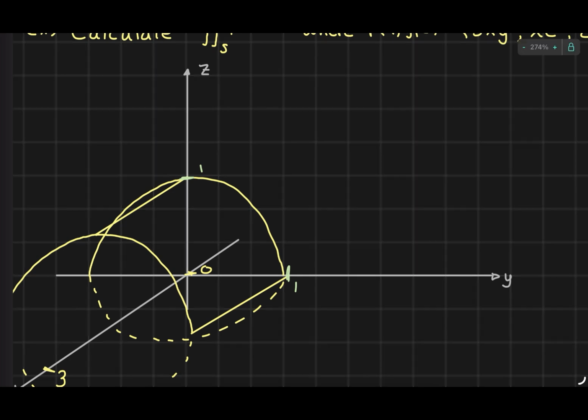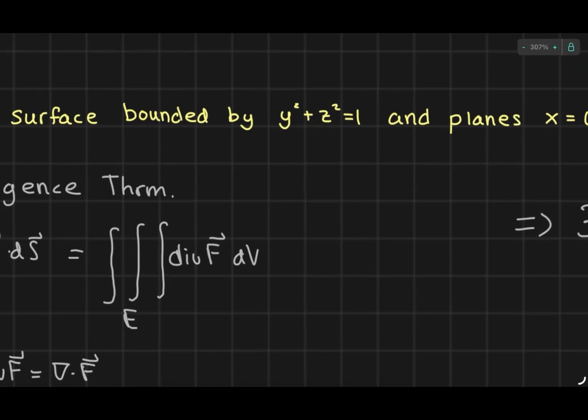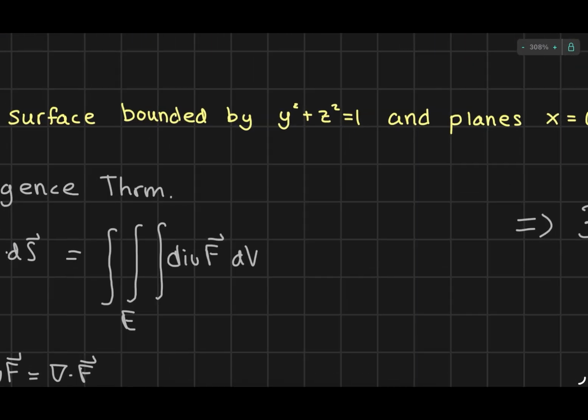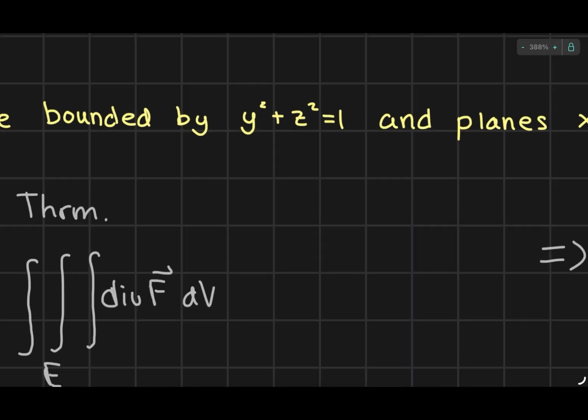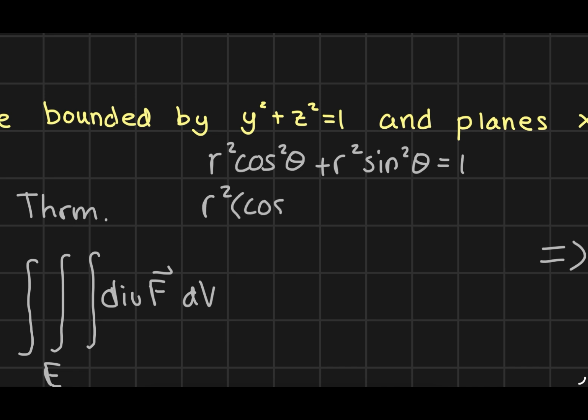What's our radius? Well, we know that y squared plus z squared, since y is equal to r cosine theta and z is equal to r sine of theta, if I really just expanded that, this is just going to be r squared cosine squared of theta plus r squared sine squared of theta is equal to 1. And if we factor out that r squared, we're going to have cosine squared of theta plus sine squared of theta is equal to 1.